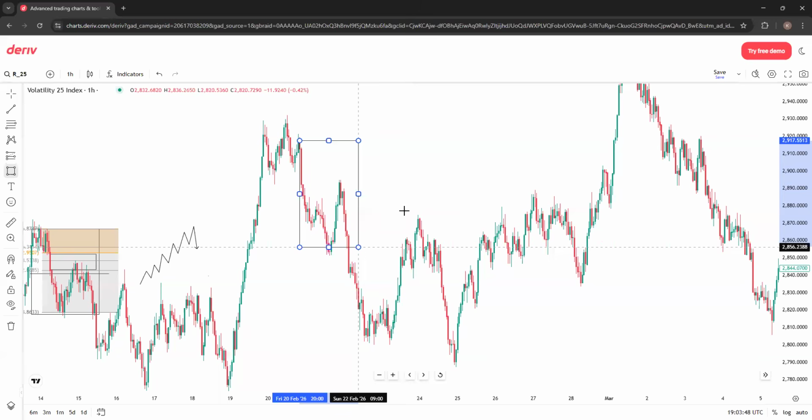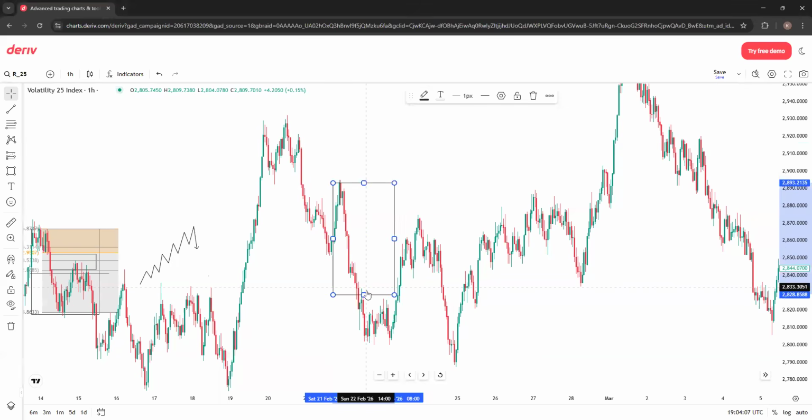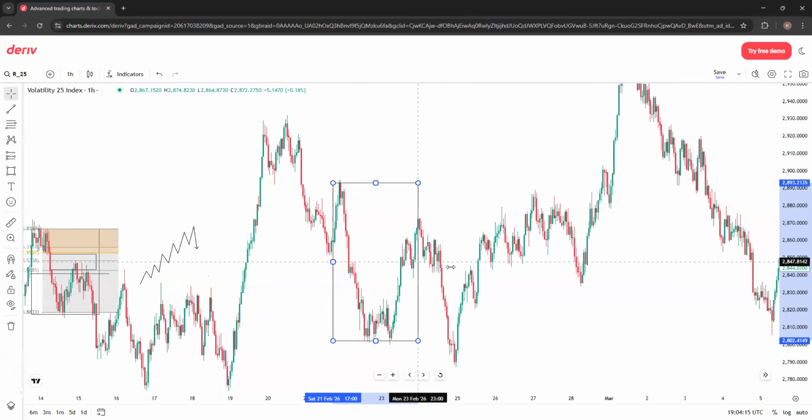You're going to have your premium and your discount, and where did price sell from? The premium, right? Again, even if we shift to the new high and the new low, where did price sell from? I think we can all see with my box where the 50% is. We came and sold from the premium.